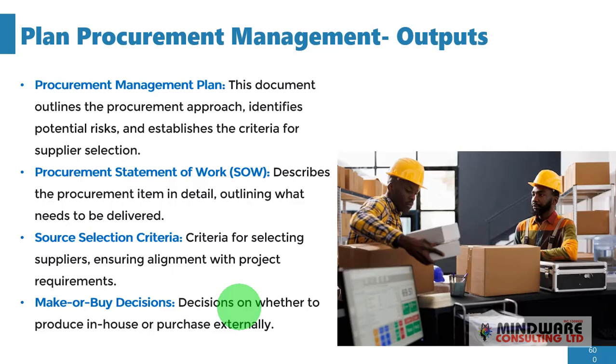Then you can consider buying it or bringing it from outside. That decision to make or to buy is what we call the make or buy decision. So at the end of the day, you now decide which one to make use of. These are the outputs from this process: the procurement management plan, the procurement statement of work, the source selection criteria, and the make or buy decisions.